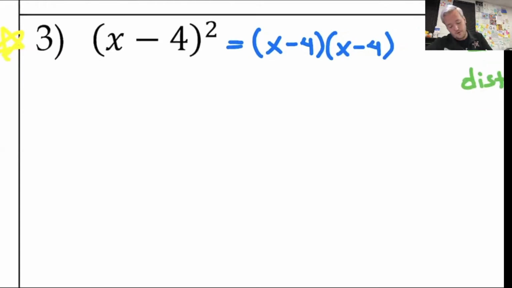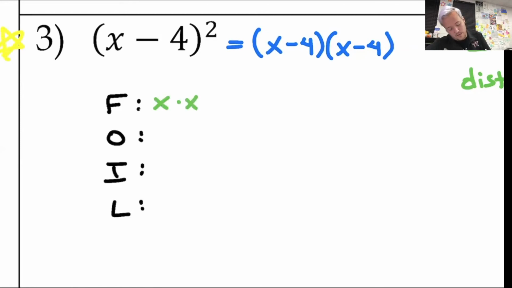So if I do FOIL, F-O-I-L, my first terms would be x times x. My outside terms would be x times -4. Then my inside terms would be -4 times x. And my last terms would be -4 times -4.